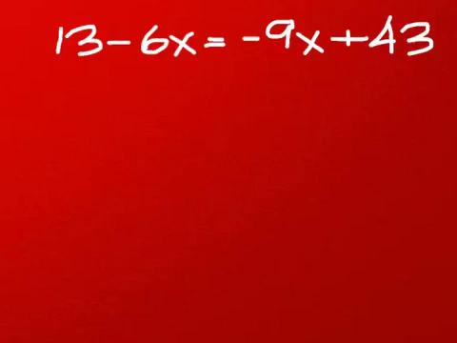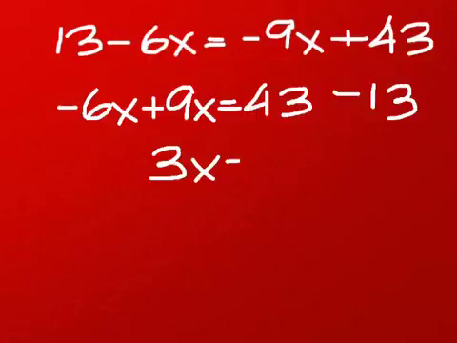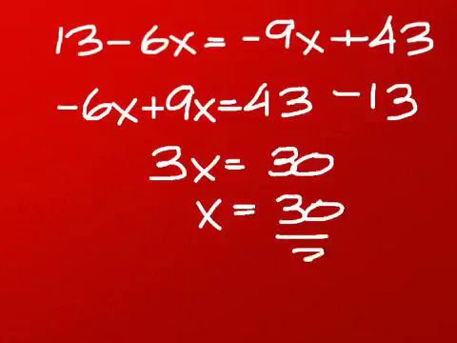The bonus problem is 13 minus 6x equals negative 9x plus 43. On the bonus, you should have negative 6x plus 9x equals 43 minus 13. That should be 3x equals 30. Divide by 3 to get an answer of 10.